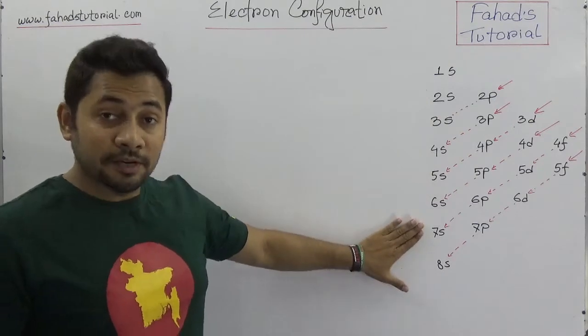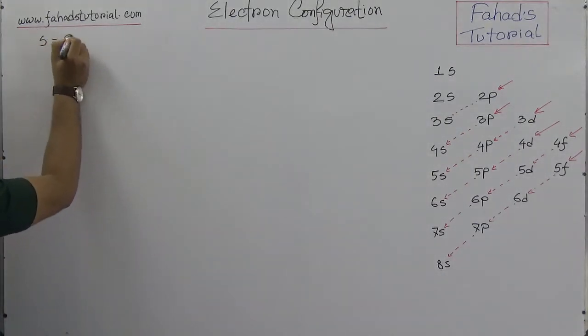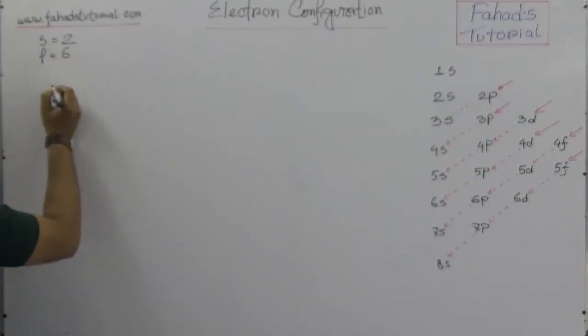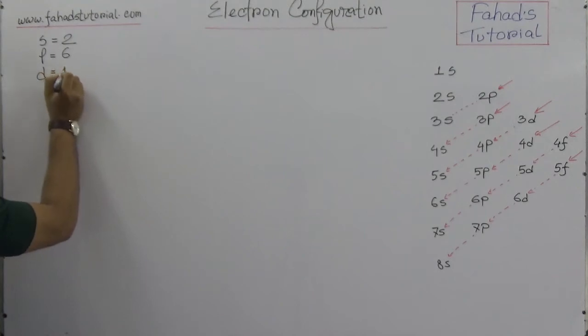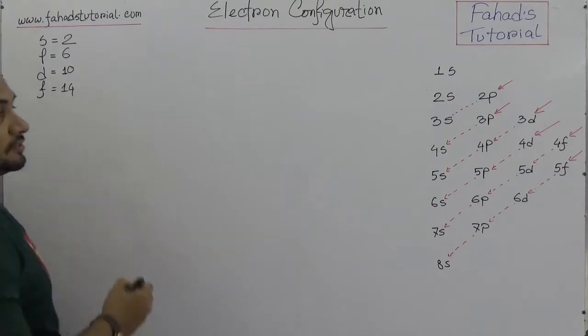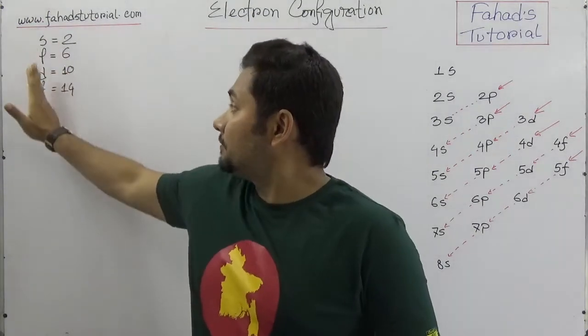In the s orbital there can be 2 electrons, in p 6 electrons, in d 10 electrons, and in f 14 electrons. These are the maximum amounts of electrons for each orbital.